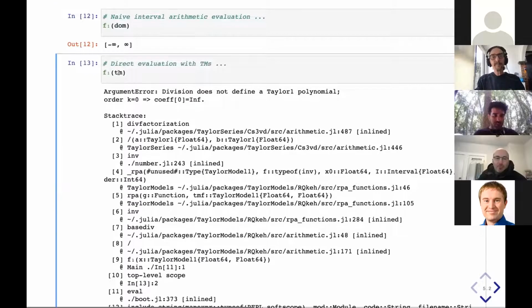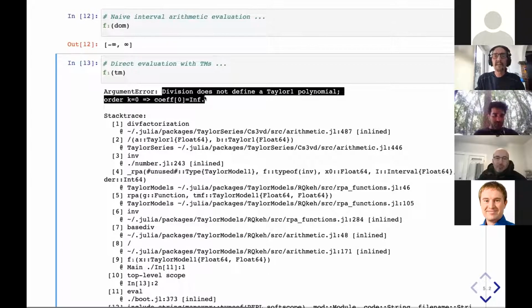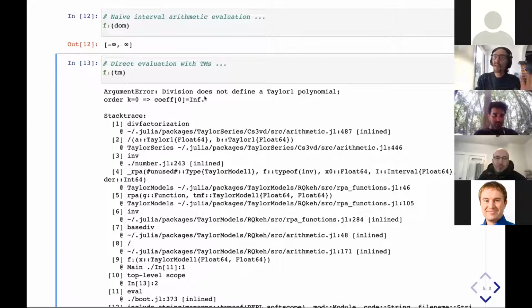If you do it with Taylor models with absolute remainder, you get an error, and the error is a bit cryptic. That's my fault. Never mind. But the point is that you're evaluating a Taylor expansion, dividing things, and you have a zero in the denominator, and this cannot be done.